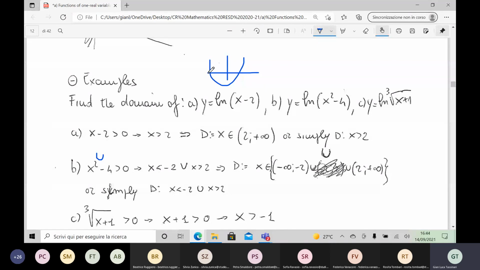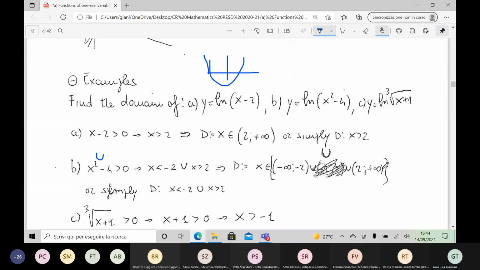So you see, it's positive for values smaller than minus 2 and for values bigger than 2. So here I wrote x smaller than minus 2, union x greater than 2. If you want to use the other notation, you have x belongs to the interval from minus infinity to minus 2, not included, union from 2 not included to plus infinity.